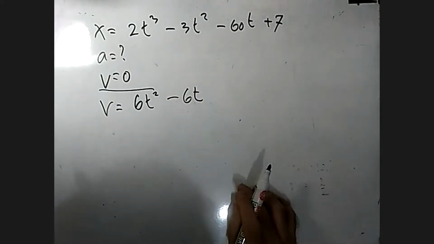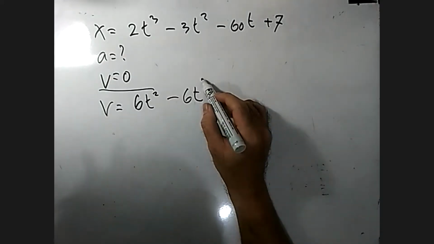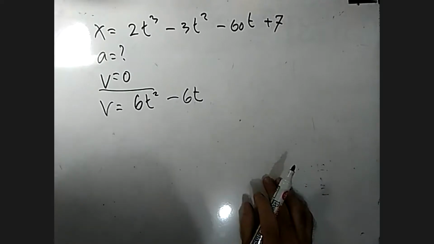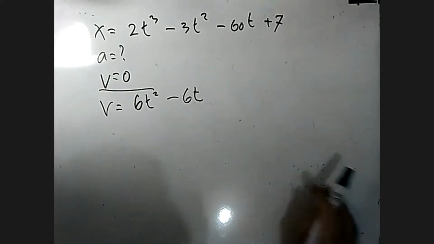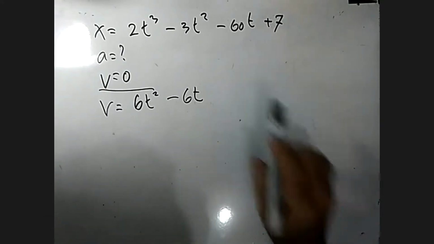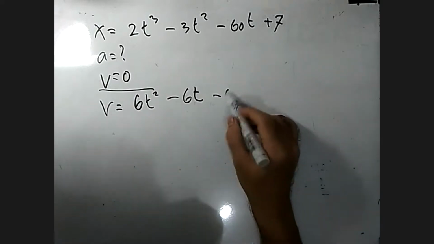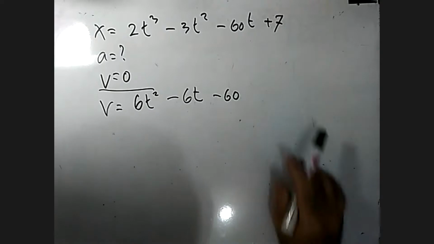What's the power here? 1. Power 1. Okay, but we don't usually write it if it's power 1. What about the minus 60t? It becomes minus 60. Minus 60. Okay. And what about the plus 7?